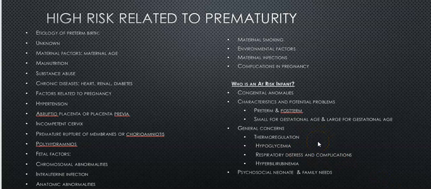So difficulty holding their own blood sugar, difficulty regulating their own body temperature. They may have developed respiratory distress syndrome or respiratory complications and problems with jaundice. And there are some other factors too that we're going to get into.